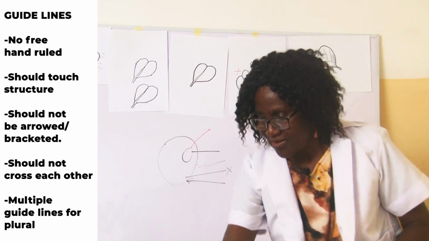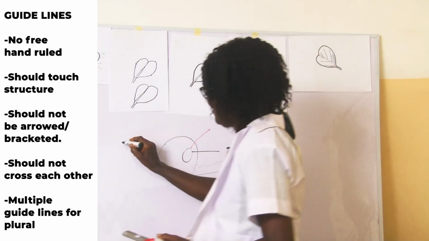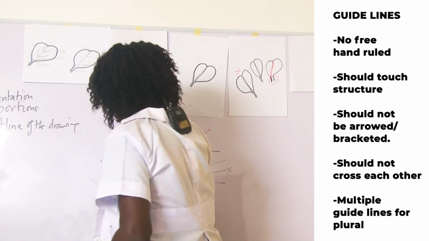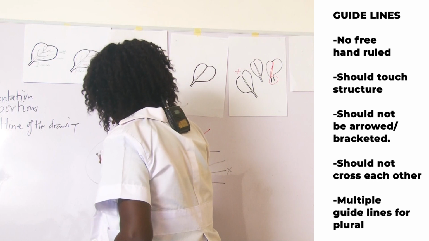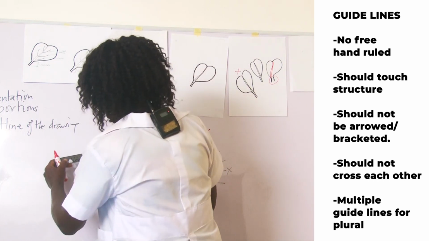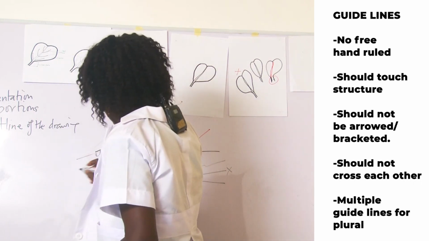So I have this structure here. I have another structure. I have this structure here, and another structure here. And I'm doing guidelines. I do this guideline here, and I label it.